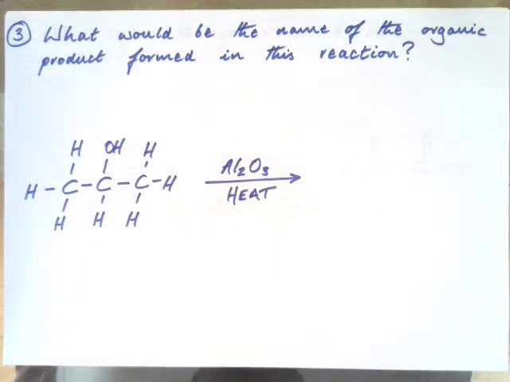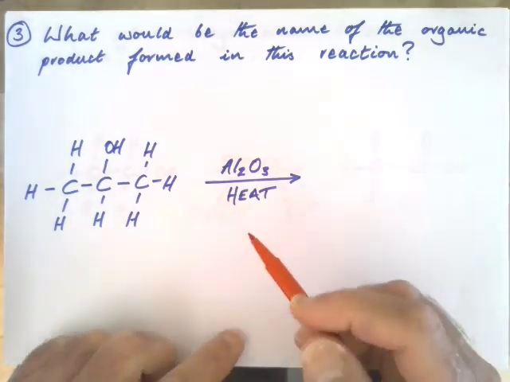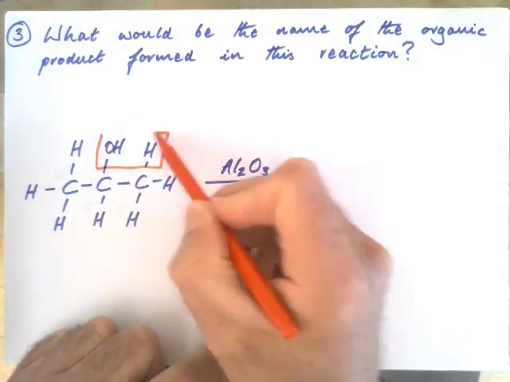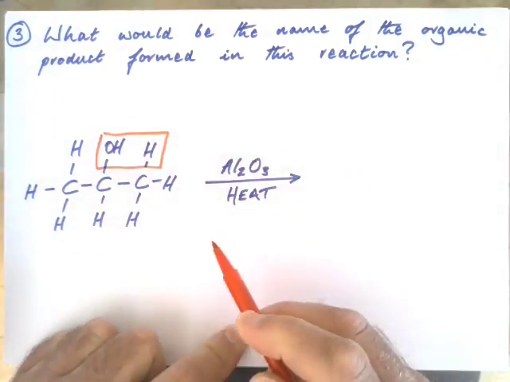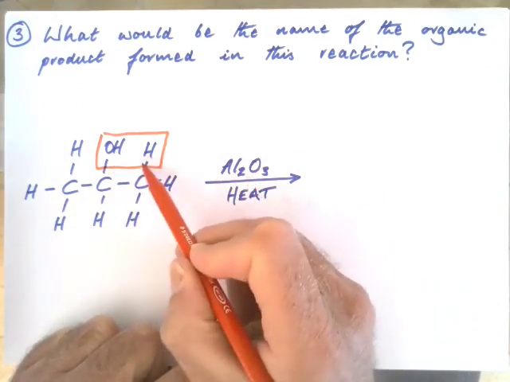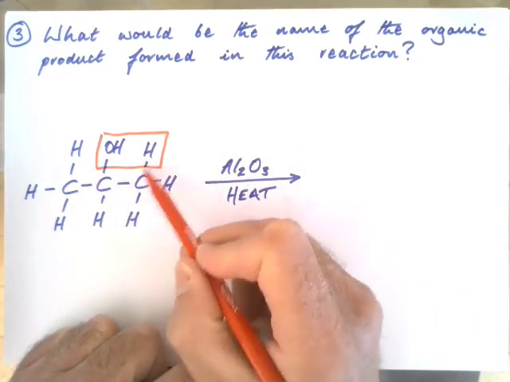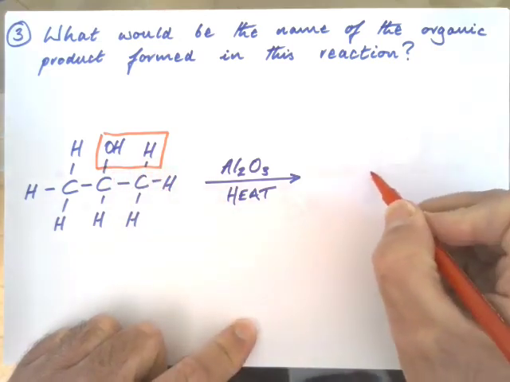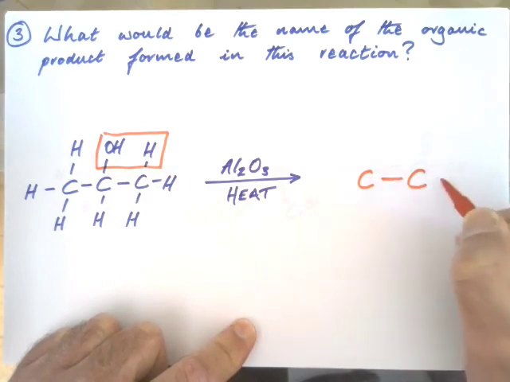Right, did you spot this one? What we're looking to do here is a dehydration. We're looking to get rid of water from this molecule. This is what the aluminium oxide is going to do. And if you get rid of water, then these two carbons are going to be short of a bond, so they're going to get over that by bonding together. We're going to make an alkene.